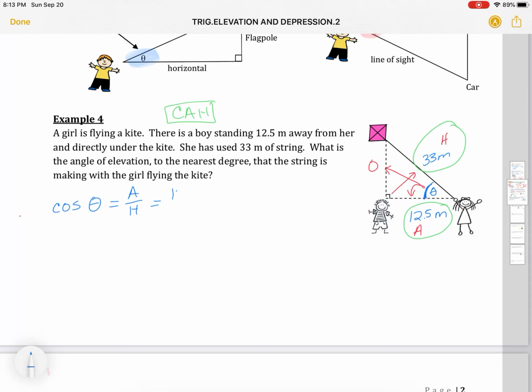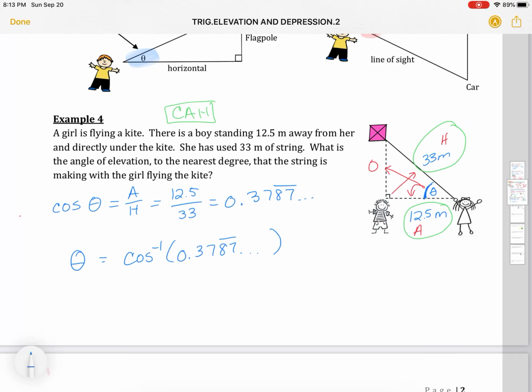So we're using cos. So cos of theta equals adjacent over hypotenuse, which is 12.5 over 33. So we get 12.5 divided by 33, which is equal to 0.3787, and it repeats, 87 repeats.